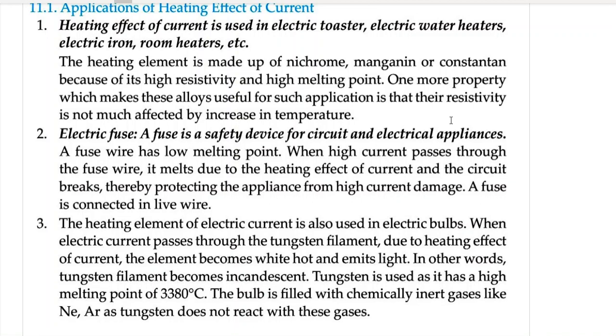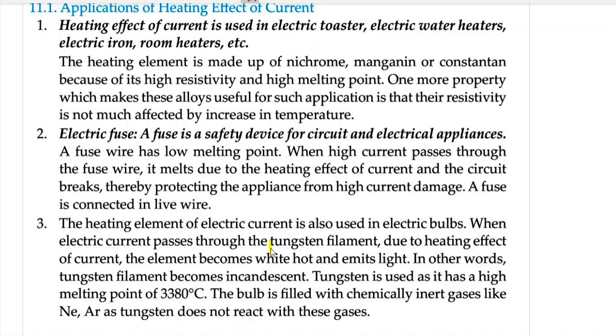Then electric bulb also uses heating effect of electric current to give us light. Although heat is not utilized, that heat which produces light is very useful. So in an electric bulb there is a filament, and that filament is made up of tungsten. You know tungsten? It is an element.